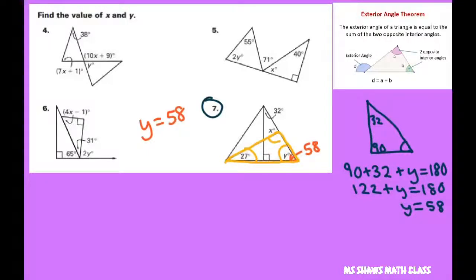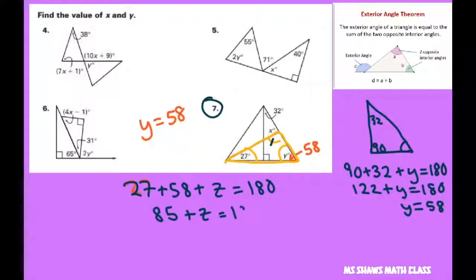So we have 27 plus 58, and I'll call this z, equals 180. So this is 85 plus z equals 180. And 180 minus 85 equals 95. So this angle here is 95.